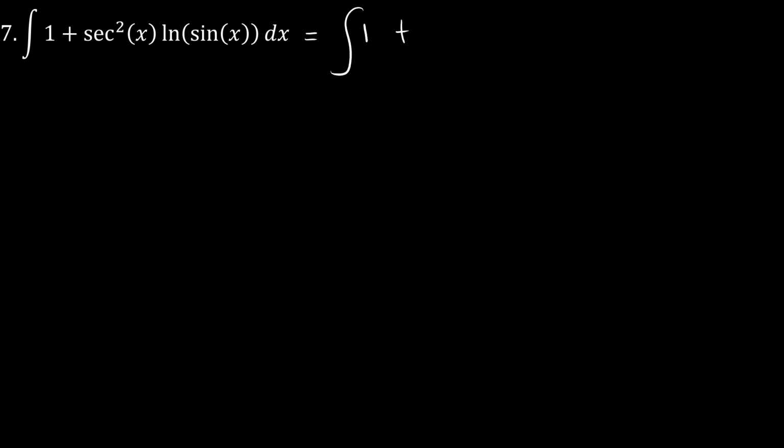Problem number 7 is the indefinite integral of 1 plus secant squared of x times the natural logarithm of sine of x. Now, how do we solve this? I think I can express this as 1 plus, this part here is the same as the derivative of tangent of x, okay?